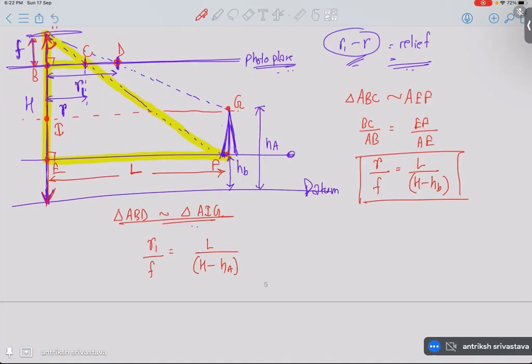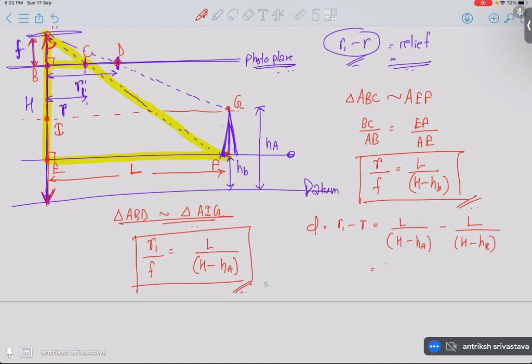Okay, so this is clear till here. R and R1, just from similarity. So this relief, commonly called D, that is R1 minus R, will be L by H minus HA minus L by H minus HB.